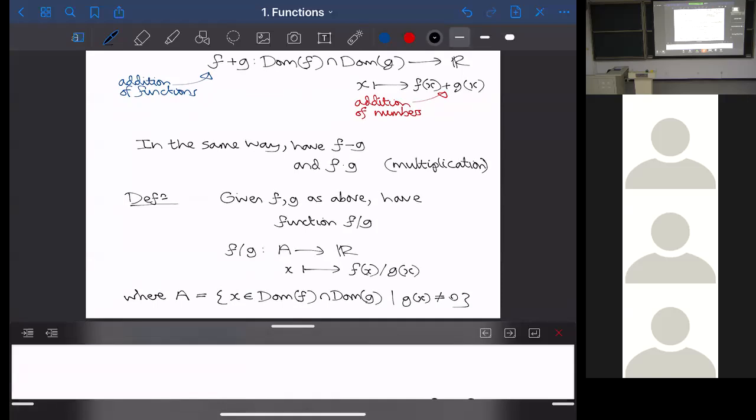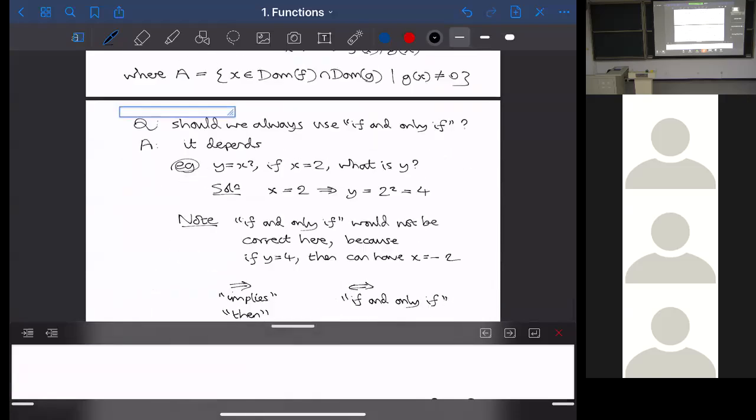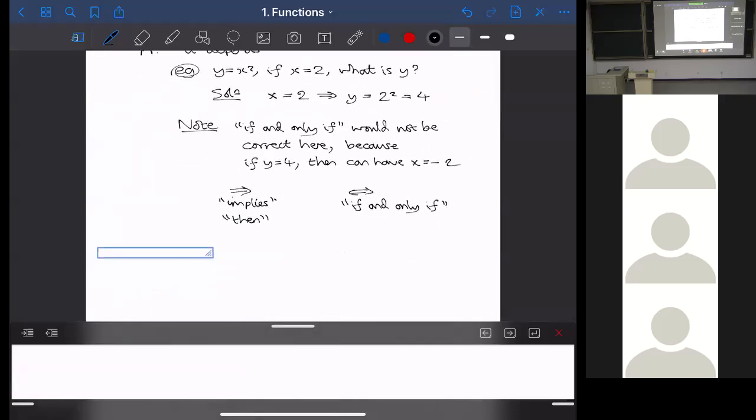So let's do an example of these ways to combine functions.